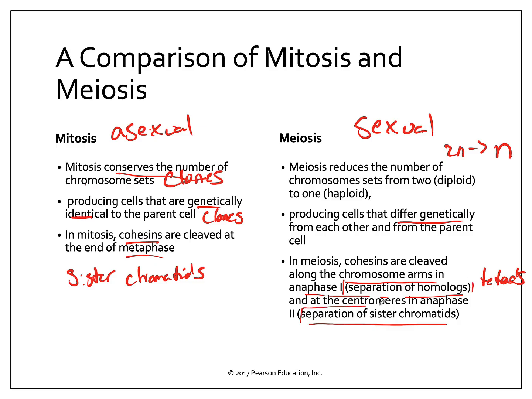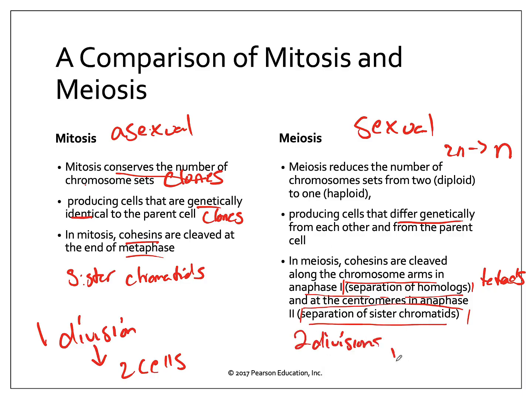This will definitely be on the test as to whether you're separating homologous chromosomes, those pairs of 4, or just sister chromatids. Mitosis has 1 division that's going to result in 2 daughter cells. Meiosis has 2 divisions that's going to result in 4 daughter cells.